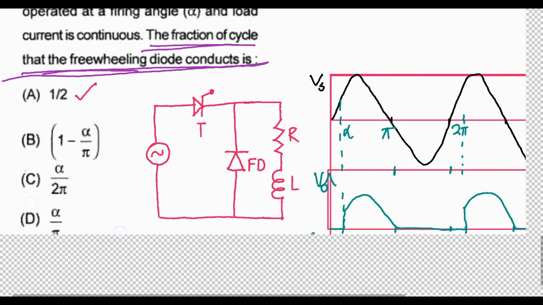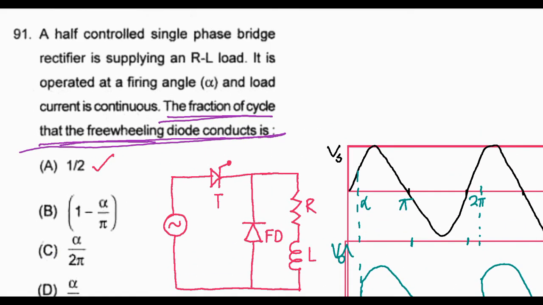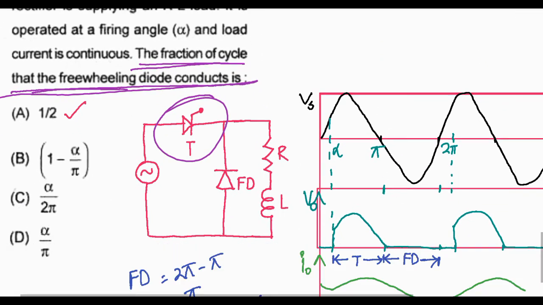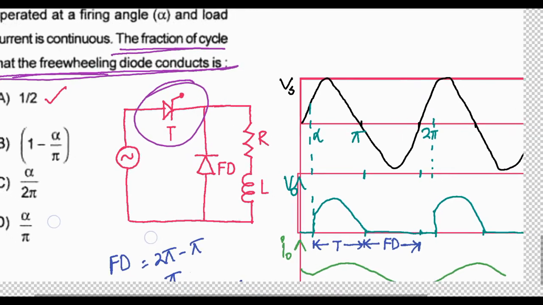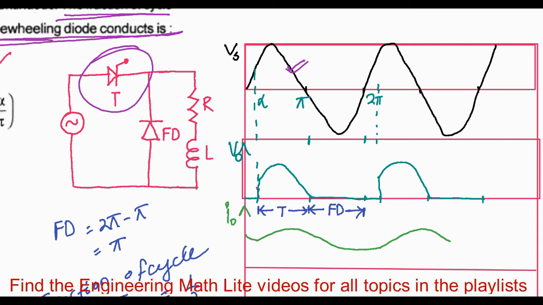So here is the circuit for the half controlled single phase bridge rectifier, and here the freewheeling diode is given and the load is RL type. So what type of wave? This is the supply voltage wave and this is the output voltage wave across the RL load, and as there is an L, current will be continuous through the freewheeling diode.